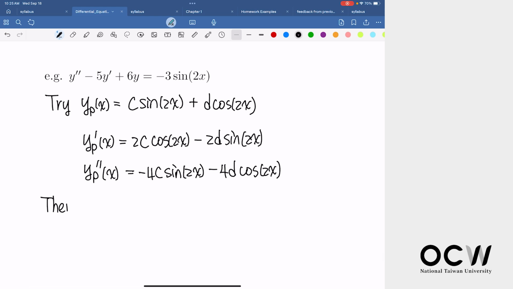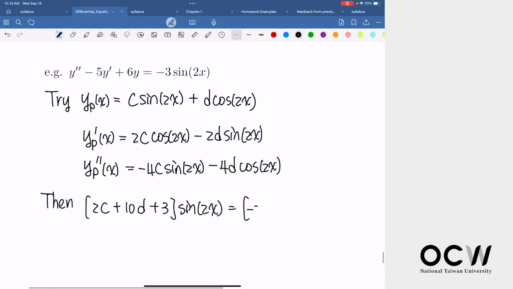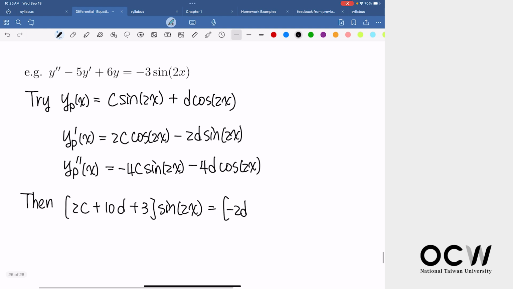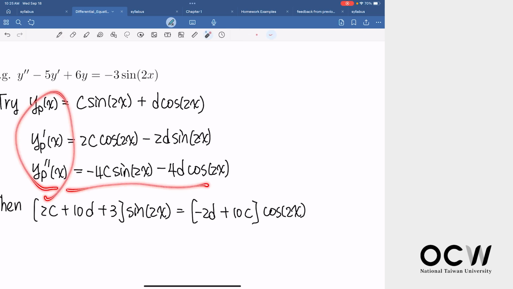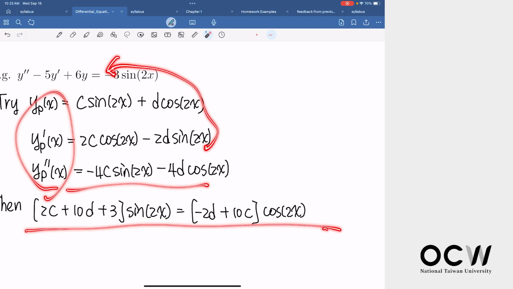So bring this back to the original differential equation, then rearrange that. We have 2c plus 10d plus 3 times sine 2x. That should be equal to minus 2d plus 10c times cosine 2x.